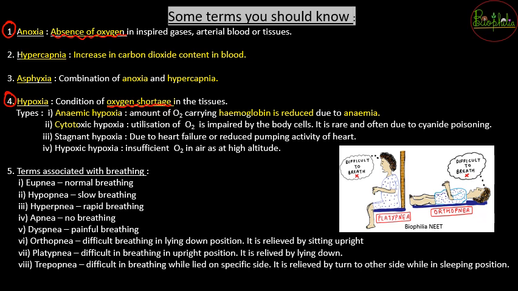Second is cytotoxic hypoxia. That means whenever the person has suffered from cyanide poisoning, then the tissue cells are unable to utilize oxygen.